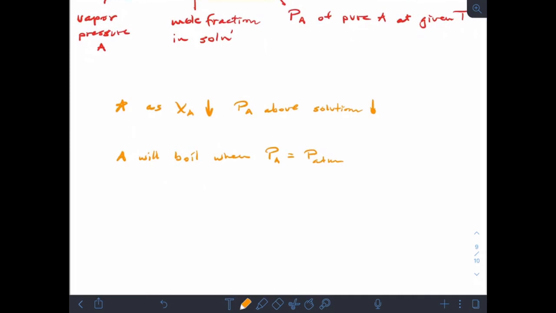Okay, so what this means is that if A boils when the vapor pressure equals the atmospheric pressure, then as the mole fraction of A goes down, it forces the boiling point higher. As the mole fraction of A goes down, the boiling point goes up.